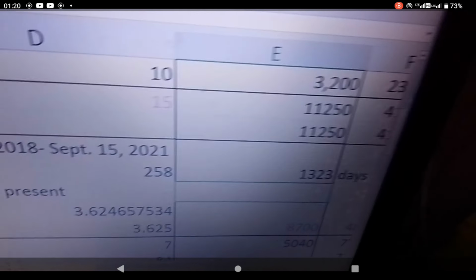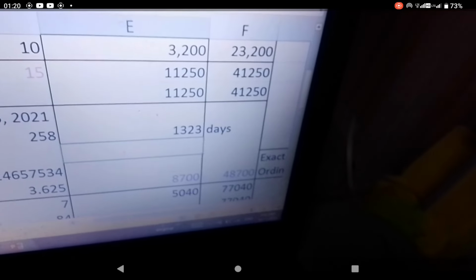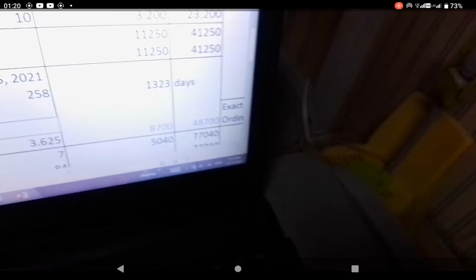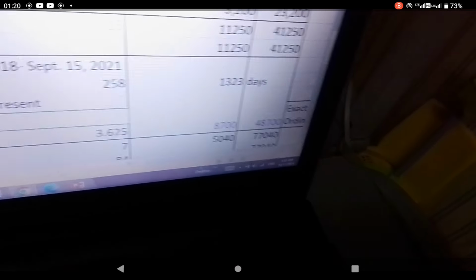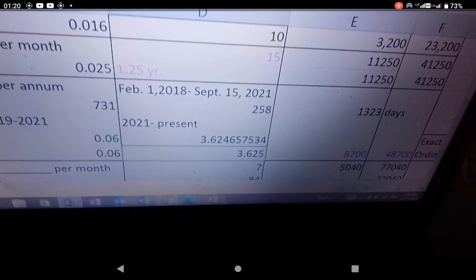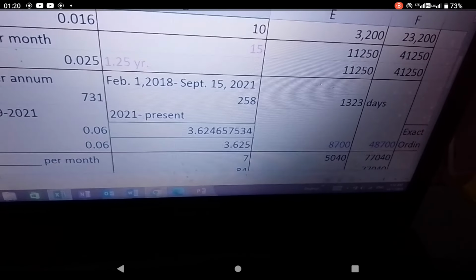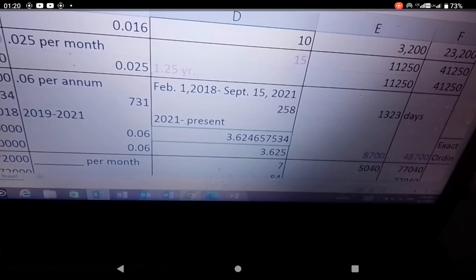Now, we summed all the number of days that we have from 2018 to 2020 and up to the present, which is 2021, up to the time where it stops. That's the plot twist that they can also do with time. They can also do it from this day up to that date. And then all you have to do is compute the number of days, which is 1,323 days.